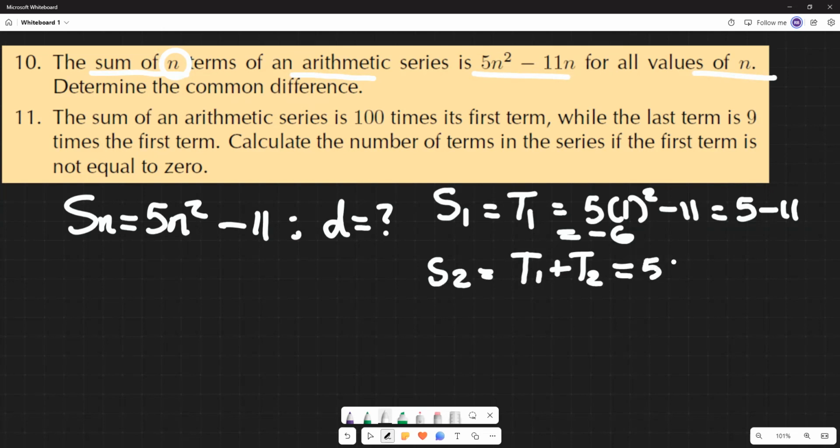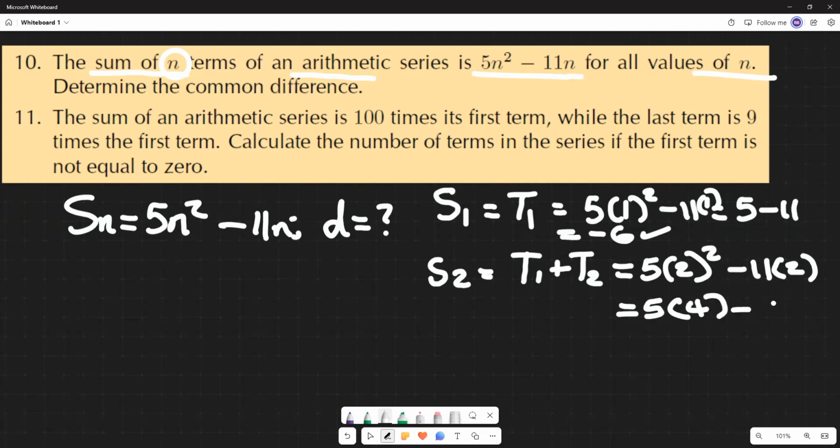So we're going to have 5 times 2 squared minus 11n. Sorry about that, here there's n, so I must put 2 there. And then this is going to be 5 times 2 squared, which is 4, minus 22, which gives us 20 minus 22, which is negative 2.